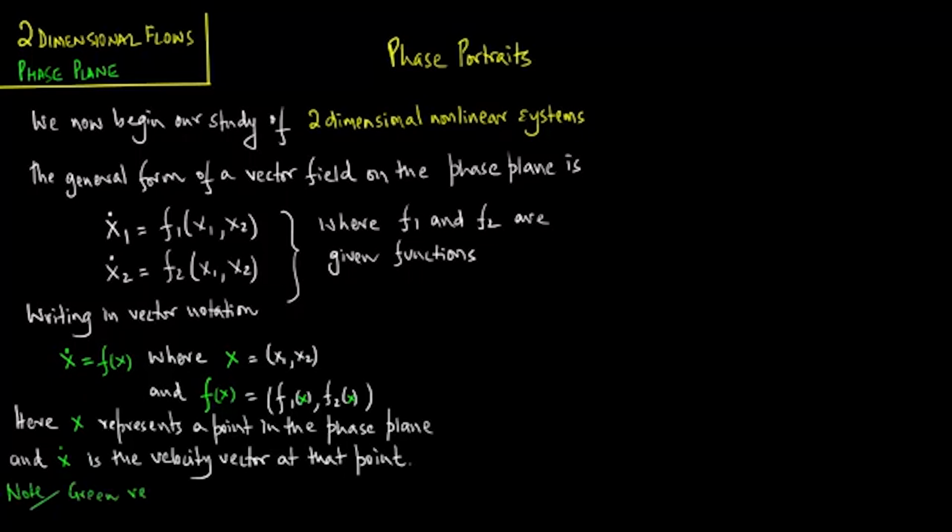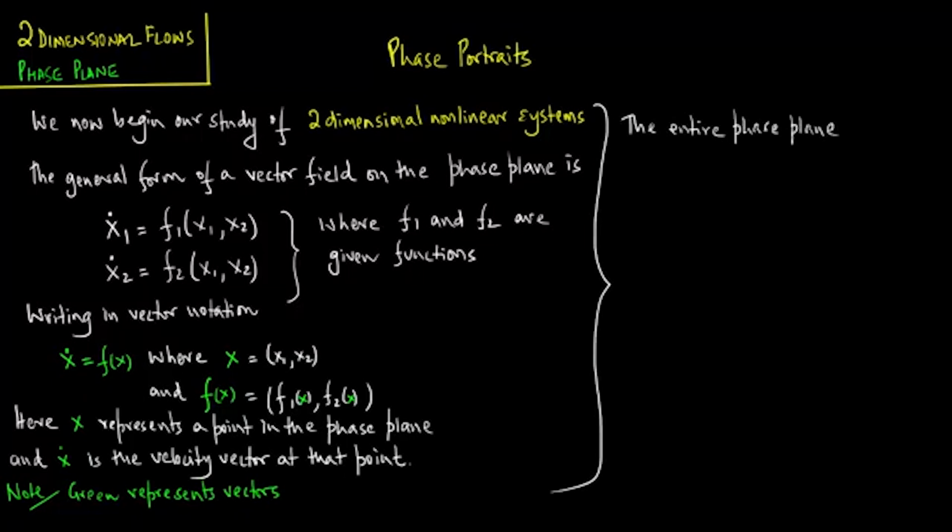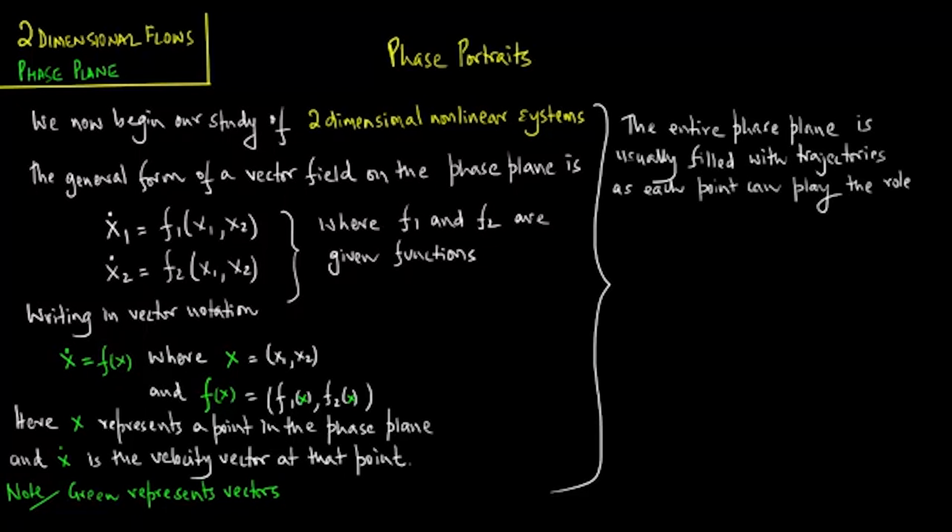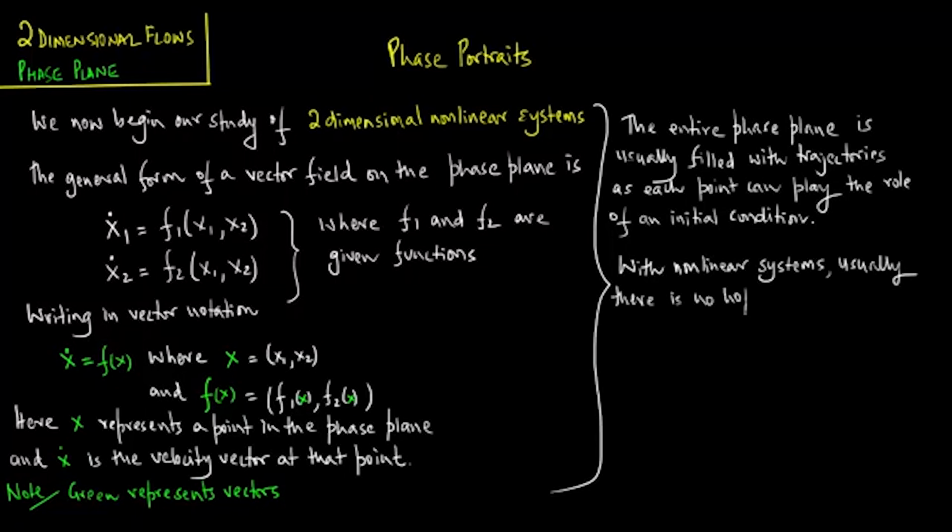Note, green represents vectors. So the entire phase plane is usually filled with trajectories, as each point can play the role of an initial condition. With nonlinear systems, there is no hope of finding the trajectories analytically.